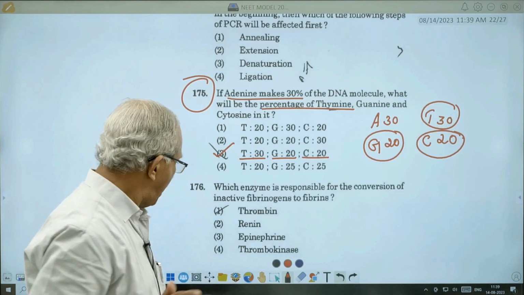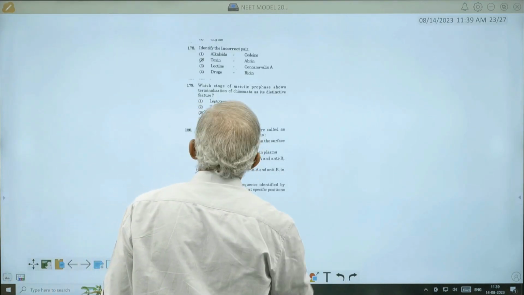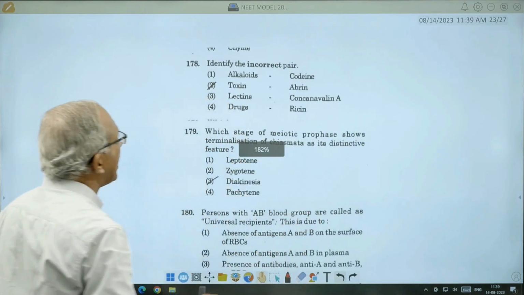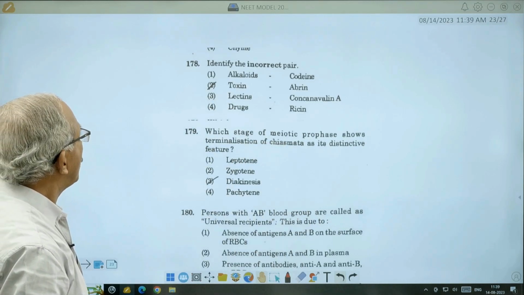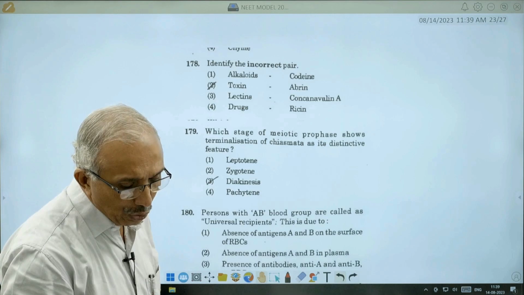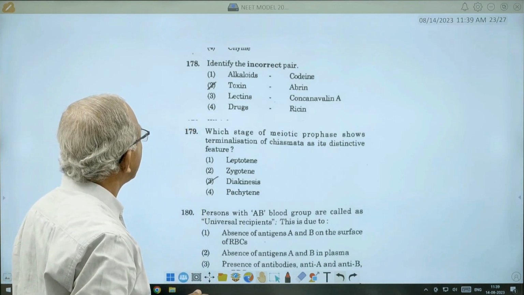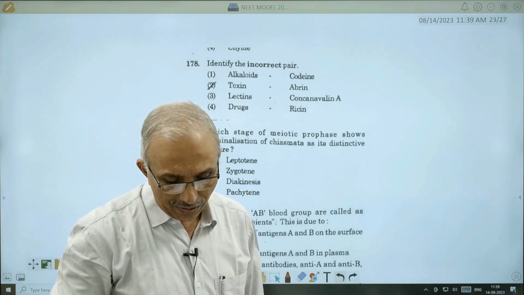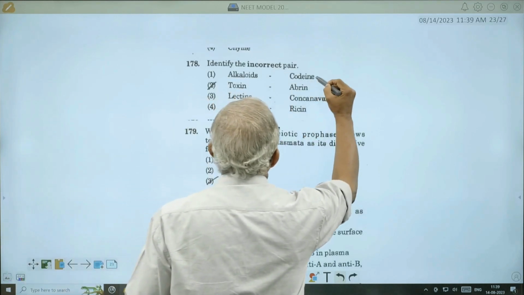Next is 178. Which one is incorrect? Here alkaloid is codeine, correct.